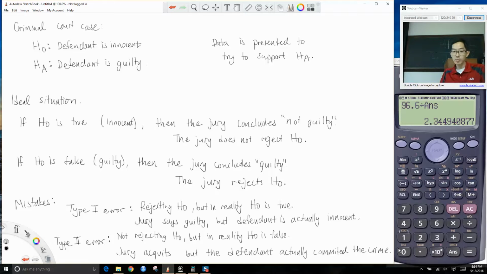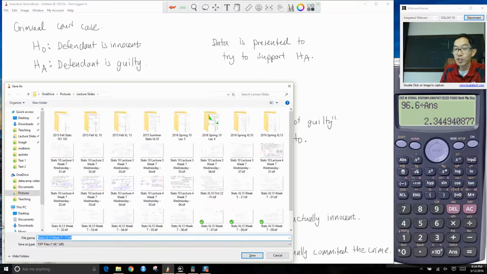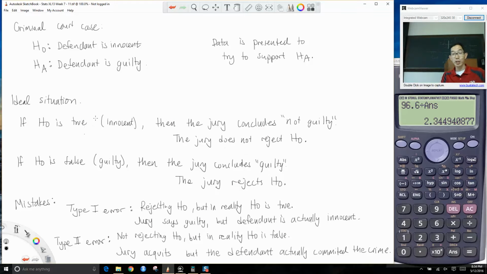Okay. Now we don't want to make either of these mistakes. Ideally we would always find not guilty when the defendant is innocent, and ideally we would always conclude guilty when the defendant is guilty. That's ideally what we want, and we don't want to make either of these types of mistakes. But eventually we're going to make a mistake, and so if we had to decide on making mistakes, which one is the more, quote, preferable mistake?